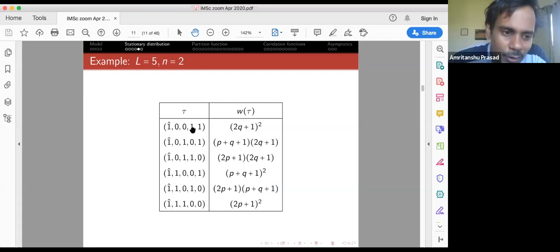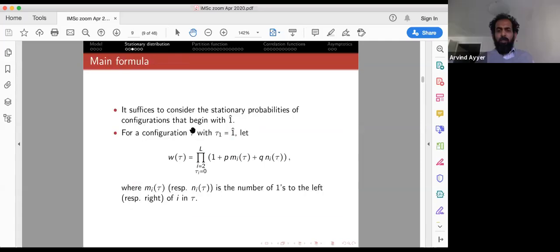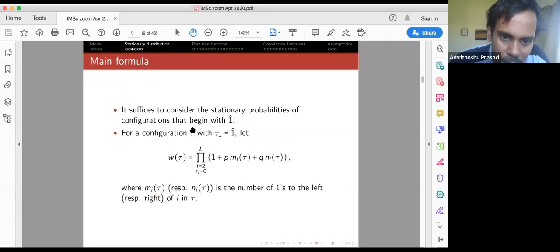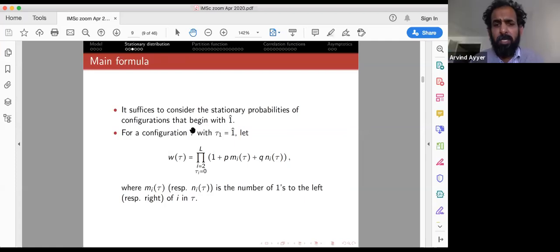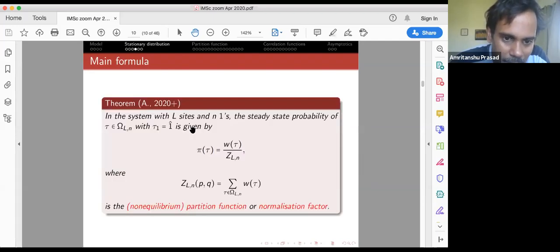It would be helpful if you could show us that definition of W once again. Okay. So 1 plus P times particles to the right plus Q times particles to the left. No, 1 plus P times particles to the left plus Q times particles to the right. Oh, okay, thanks, got it.